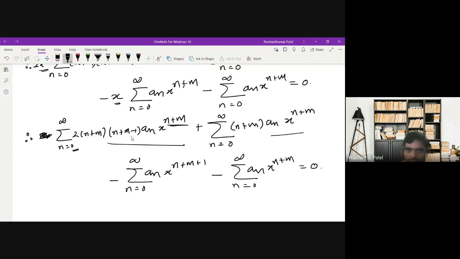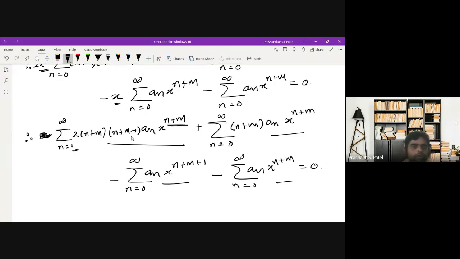Here is also the same quantity you will have. Here it will be m plus 1 you will have, because n equal to 0. Here it is x power m. Here is also x power m.